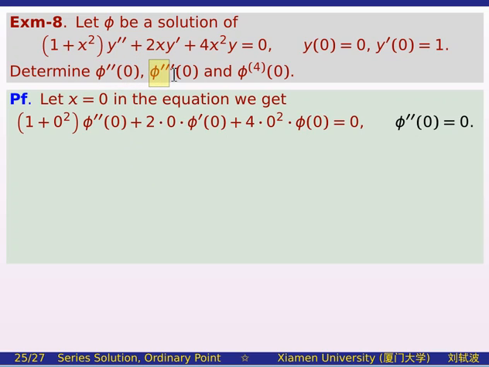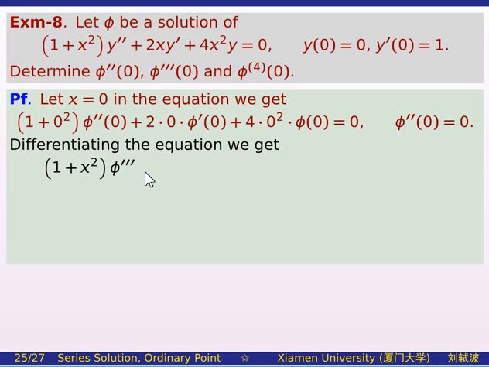So we have already determined phi double prime 0. To obtain phi triple prime 0, the third order derivative, because the equation only contains the second order derivative, we need to differentiate the equation first to obtain y triple prime, then replace y by the solution phi, and evaluate at x equal to 0.